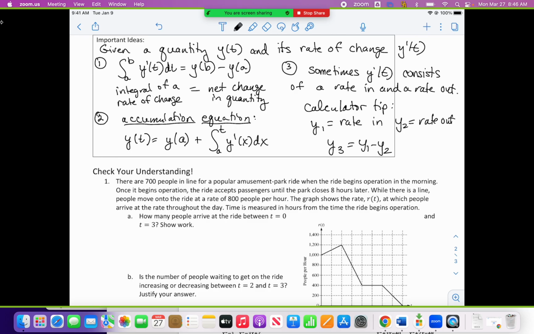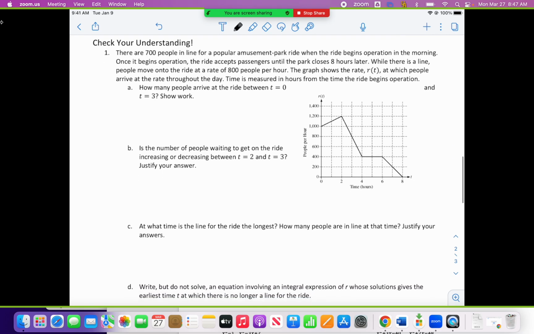The graph is R of t, the rate at which people arrive at the ride throughout the day. And try to show calculus, like what would this be representative of?